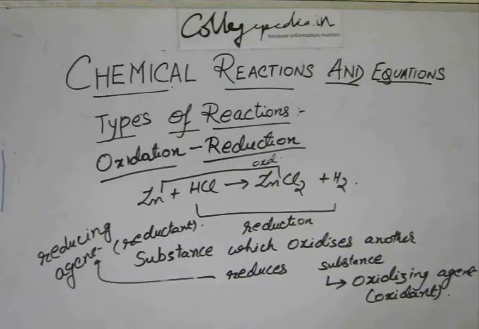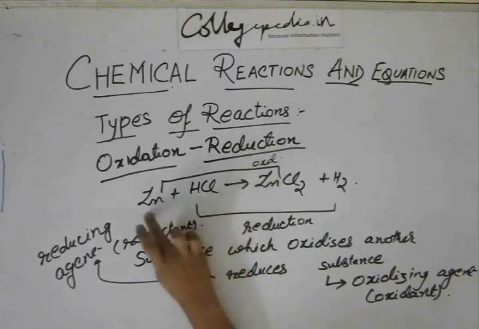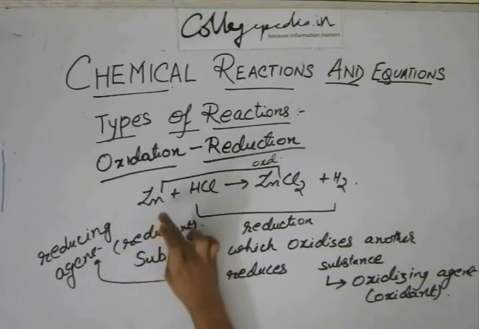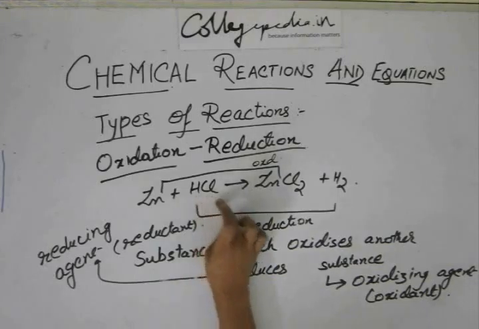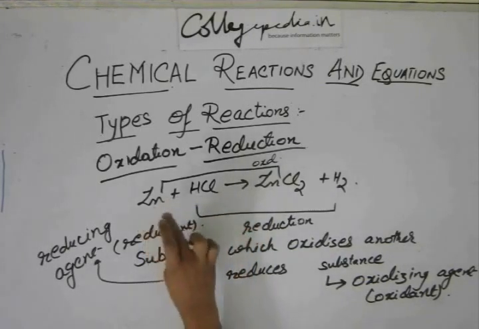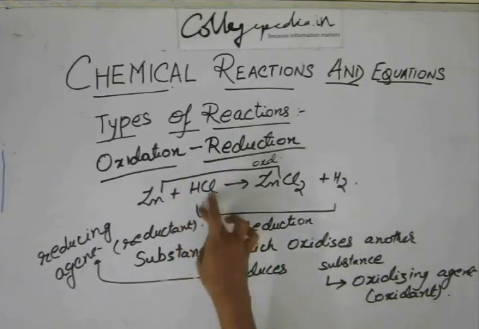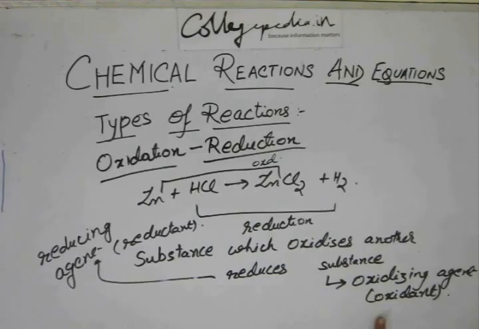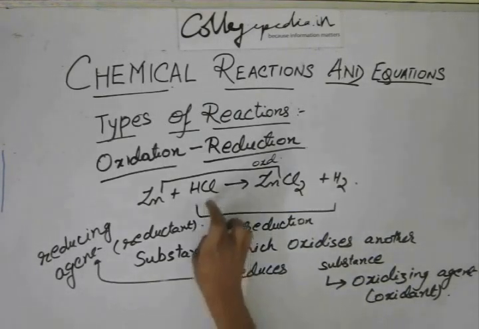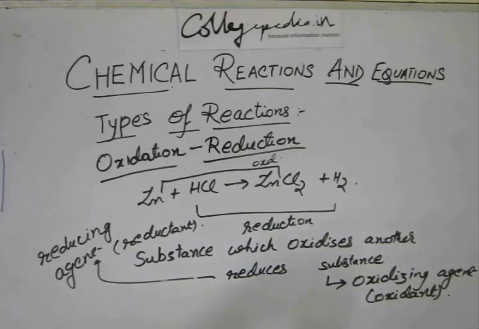Now in this case, you will see that hydrochloric acid is donating chlorine to zinc. So it's giving out an electronegative element so that zinc can be oxidized. So HCl becomes the oxidant over here, or oxidizing agent, because it is oxidizing zinc to zinc chloride by giving chlorine.